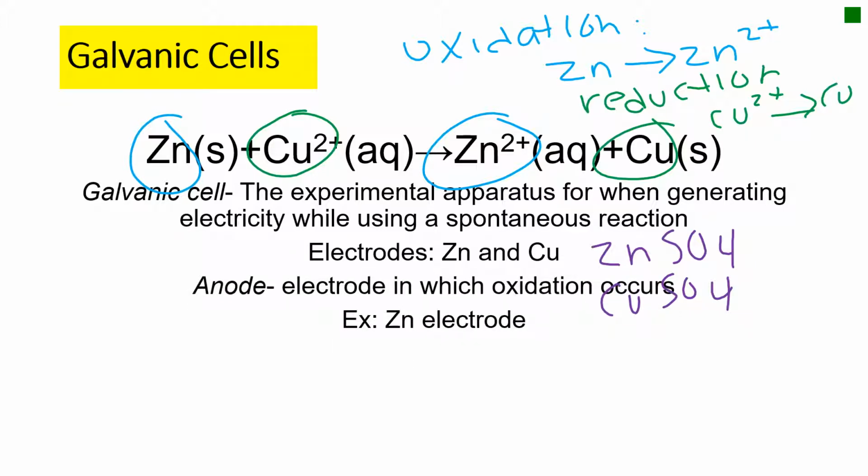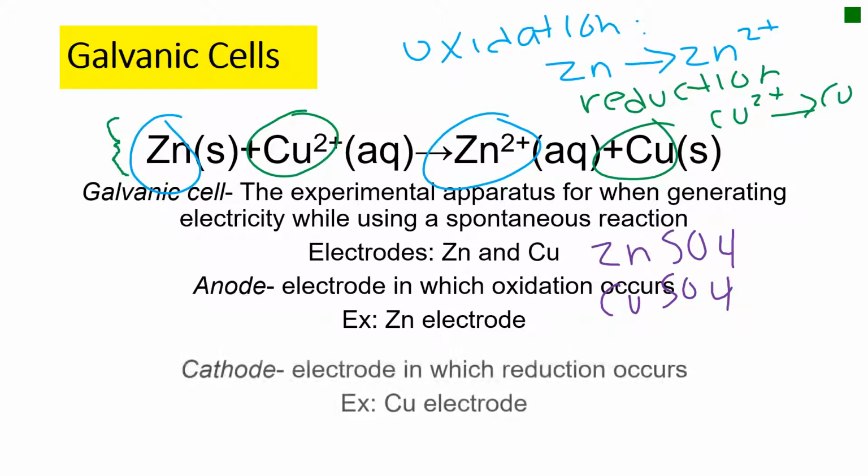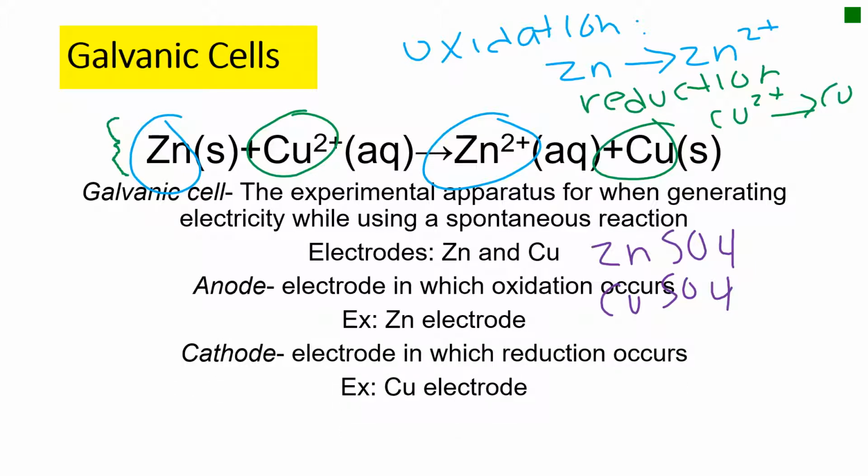The zinc and the copper bars are known as electrodes. The anode in this galvanic cell would be zinc. An anode is an electrode where oxidation occurs, and the cathode in this case would be the one that does the reduction, which we mentioned would be the copper.